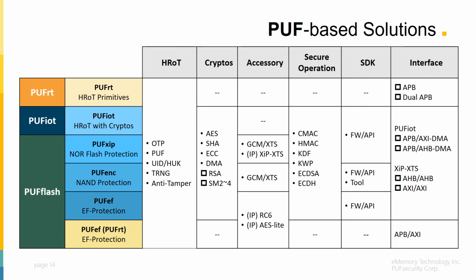PUF Flash is a solution. As I mentioned on the previous 2 pages, it's PUFiot plus the corresponding accessory IP to protect different flash memory types. According to different architectures, bus, and required algorithms, there are different options that can be configured and customized.